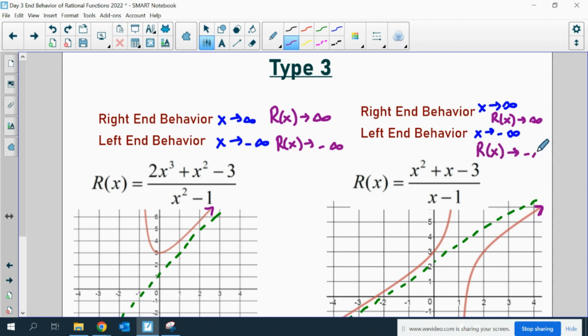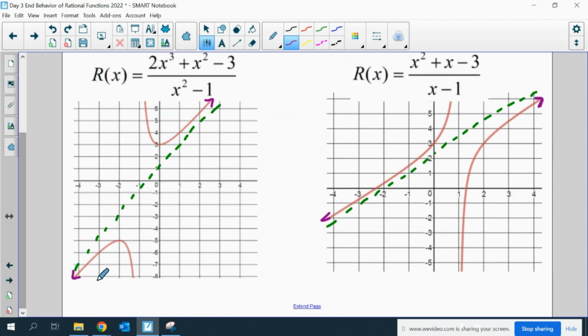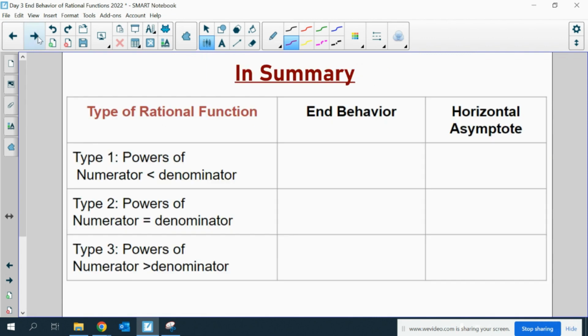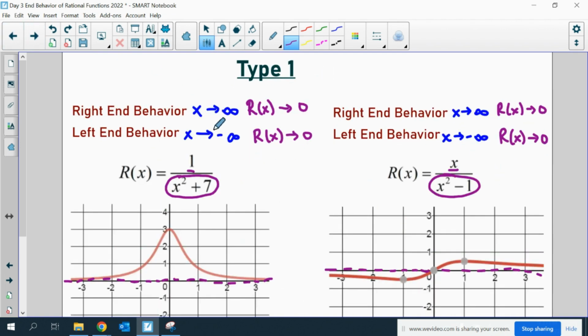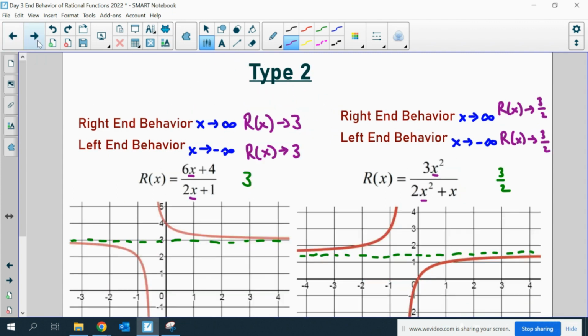And as x goes to negative infinity, the y values are going off toward negative infinity. So in summary, if the powers of the numerator are smaller than the denominator, the end behavior is as x goes to infinity or x goes to negative infinity, the function approaches 0.